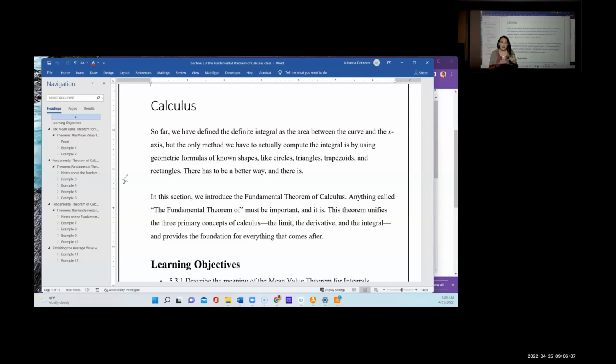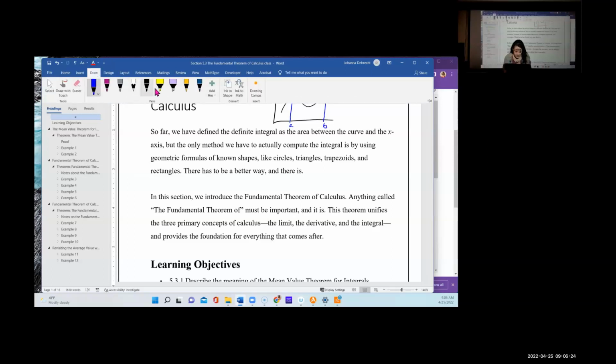But what if it's not? What if it's just a generic curve of some kind, that we've got some kind of graph here, and it looks like this, and we're trying to find the area that's between the curve and the x-axis, and it is not a geometric shape.